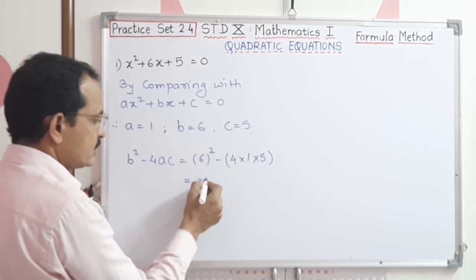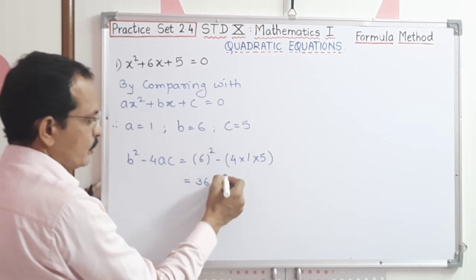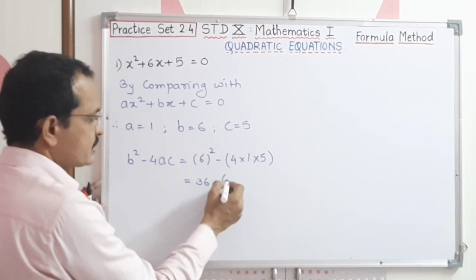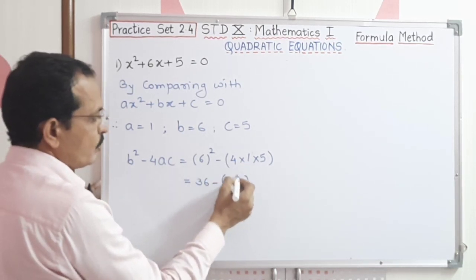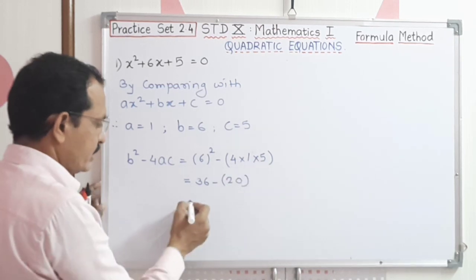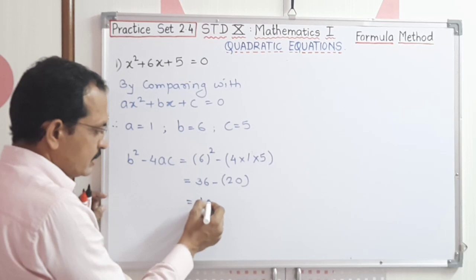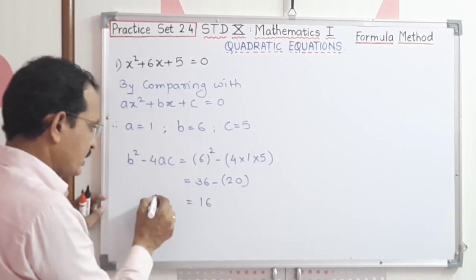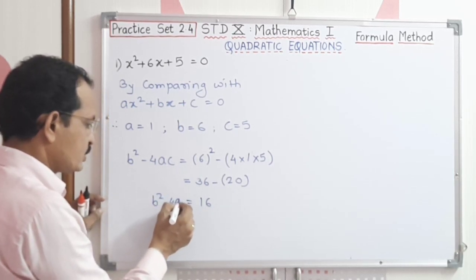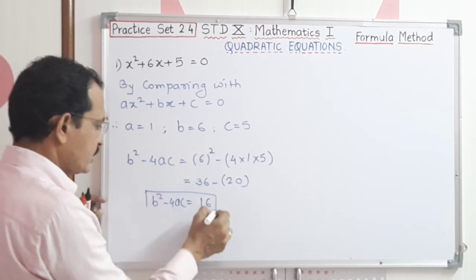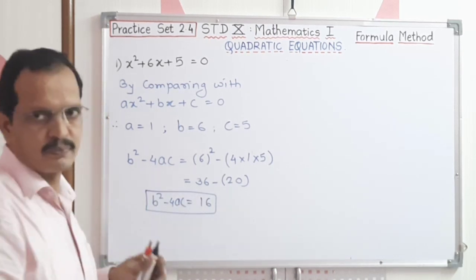Now it is 36 minus, we write in bracket, 4 1s are 4 and 4 5s are 20. Now 36 minus 20, it is 16. Therefore we get here b square minus 4ac is equal to 16.